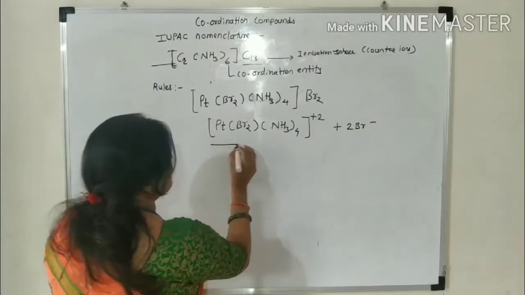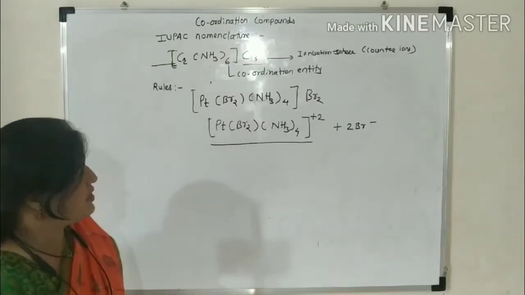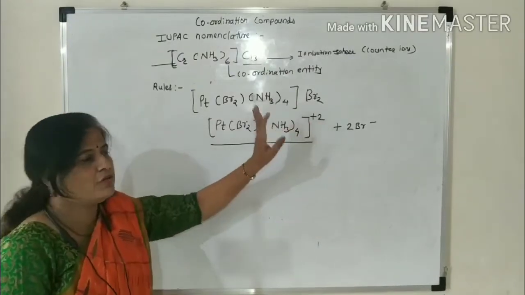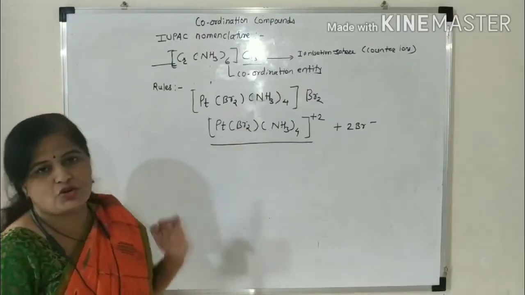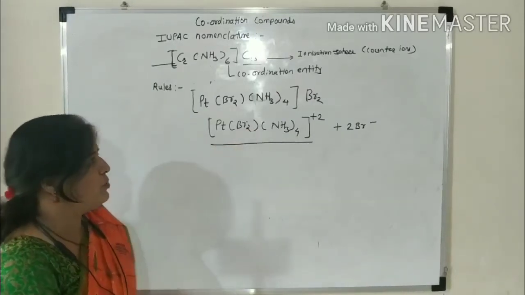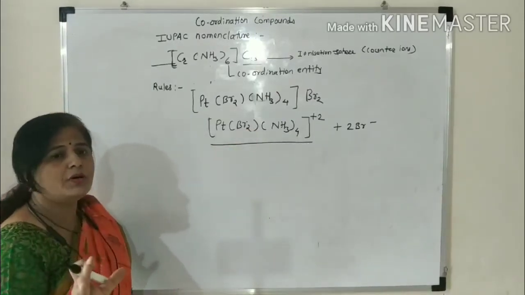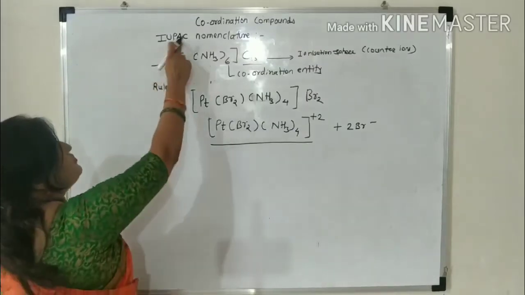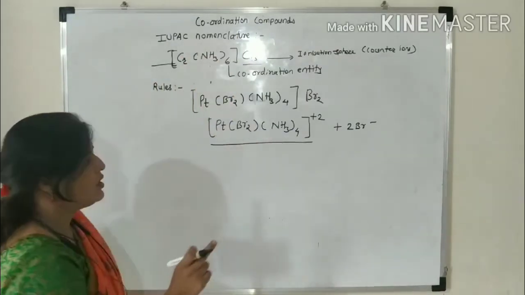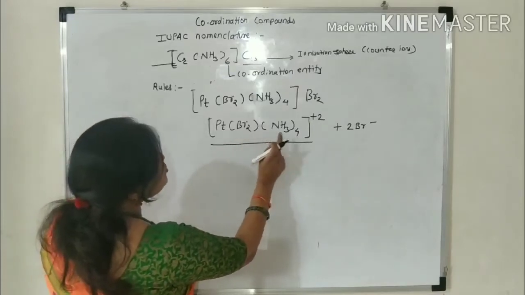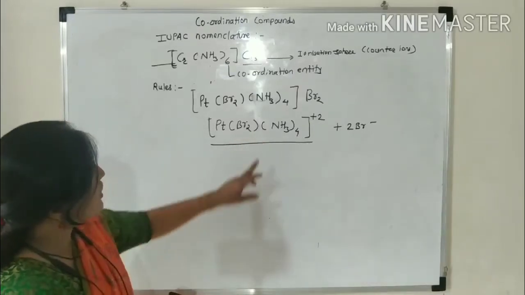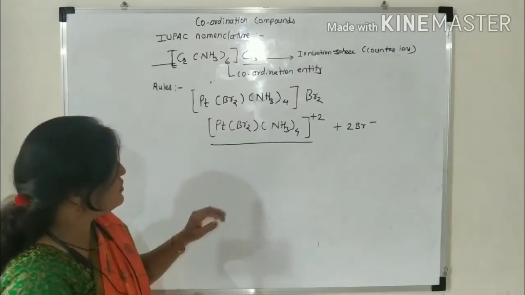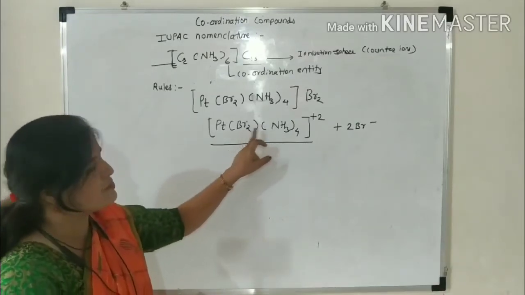This is a coordination entity that carries positive charge. Therefore it is a positively charged complex. Then you have to follow the rules for the IUPAC nomenclature of the complex. Okay, then you should write the number of ligands. There are two types of ligands present.